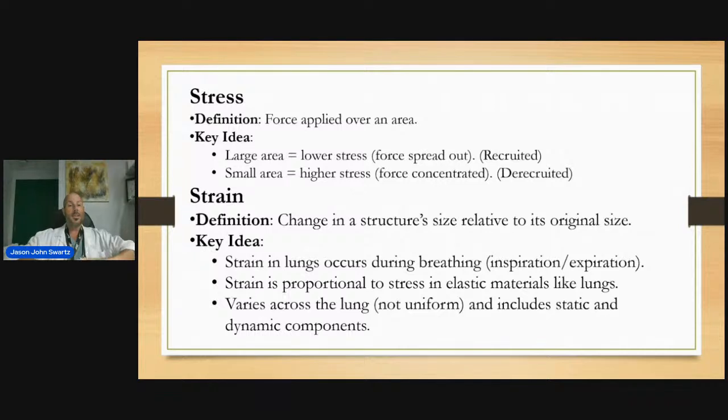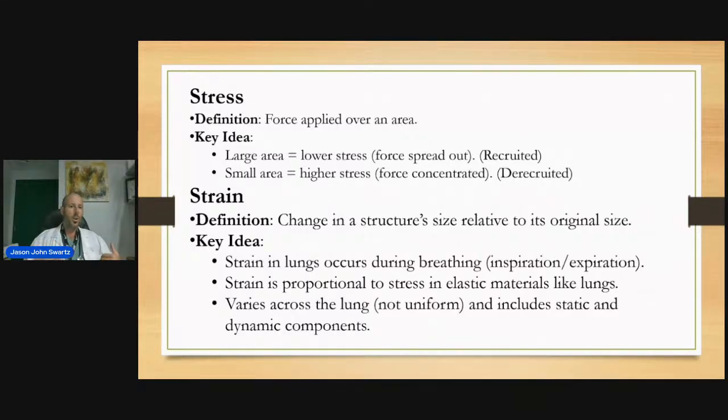So if you have a large area, meaning all your alveoli are functioning, you have good recruitment of your FRC, then whatever stress, whatever vent power you're applying to the lung, that force is nicely spread out in a recruited lung.